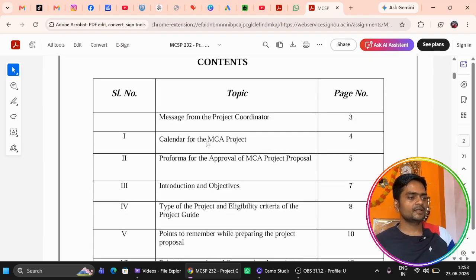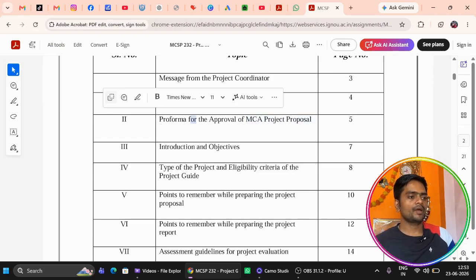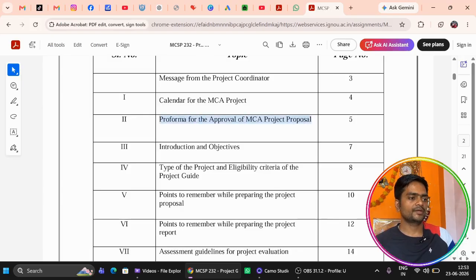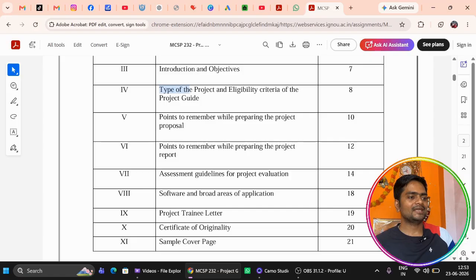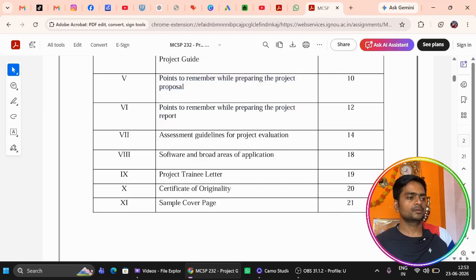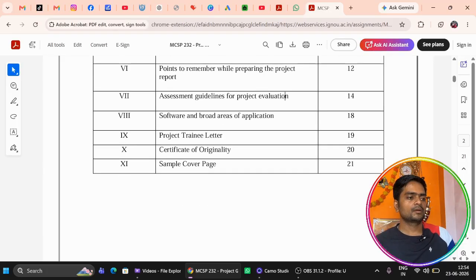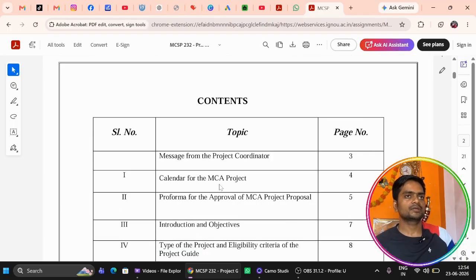In this content, what matters a lot is the proforma for the approval of MCA project proposal, types of the project and eligibility criteria of the project guide, then points to remember while preparing the project proposal, points to remember while preparing the project report, assessment guidelines for project evaluation, certificate of originality, sample of cover page. So these are the things that you have to understand properly to make your synopsis and project report.